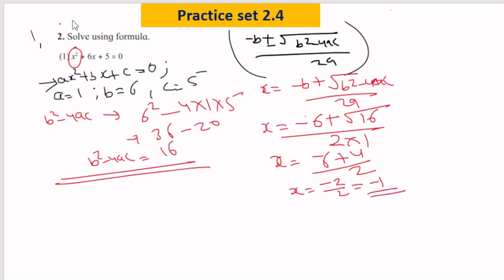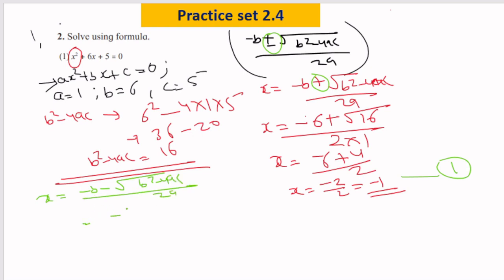The second factor would be, in place of this plus, right, this is plus and minus, so next will be minus. So factor number 2 could be x is equal to minus b minus square root of b square minus 4ac, divided by 2a.